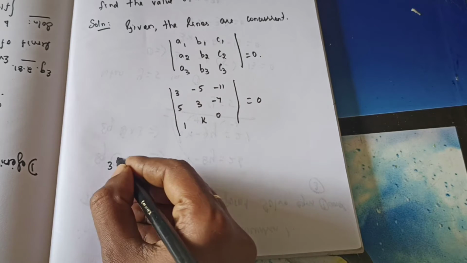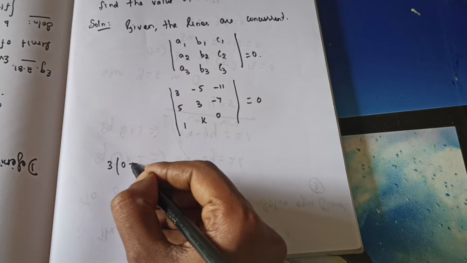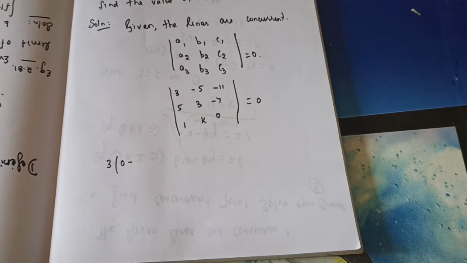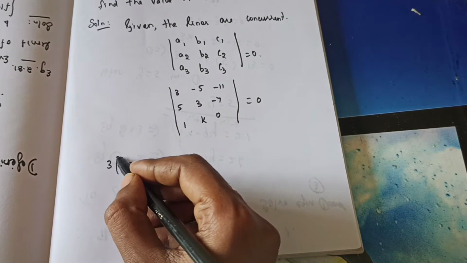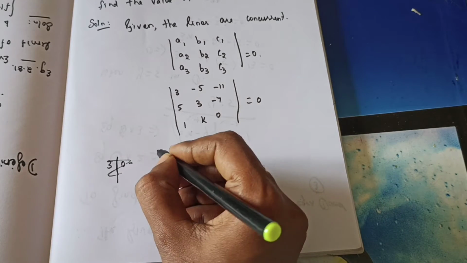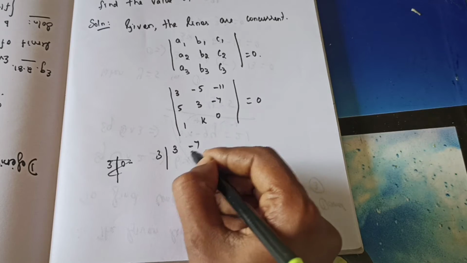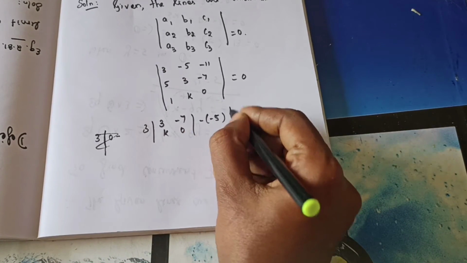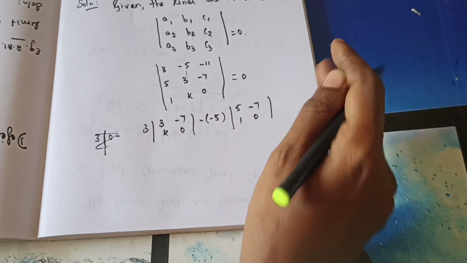So 3 into, this row and column will go, so 3 into minus 7k minus 0. The next term is minus of minus 5, this row and column will go, so 5 into minus 7 minus 0.